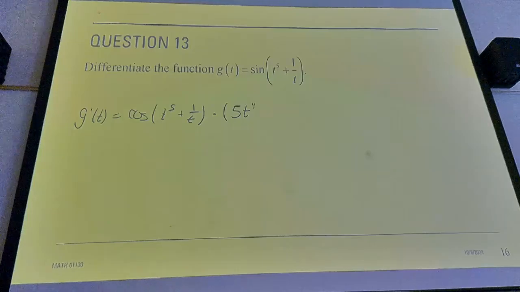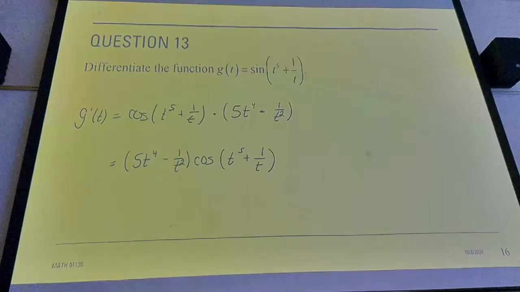Negative 1 over t squared. They didn't write it as a single fraction, so I'm not going to. So I'll leave it like that.